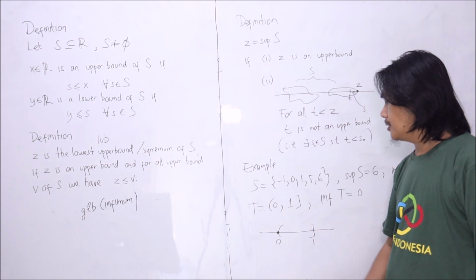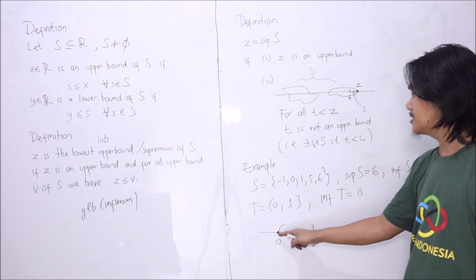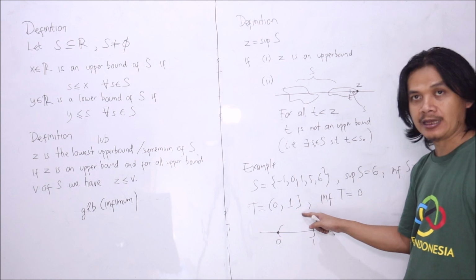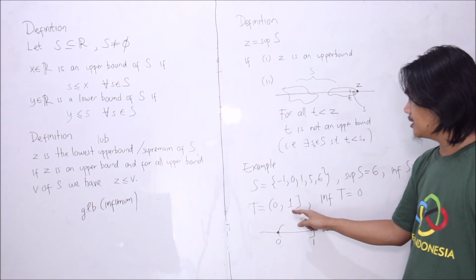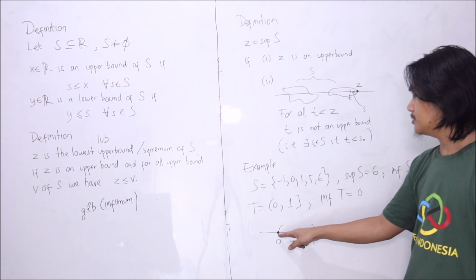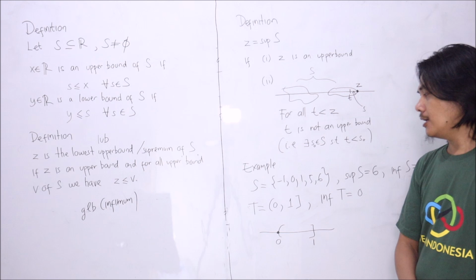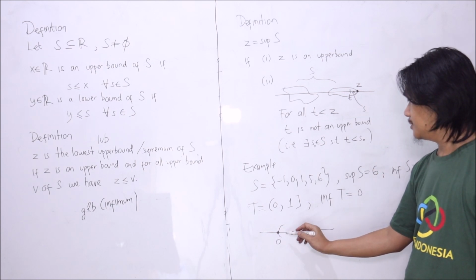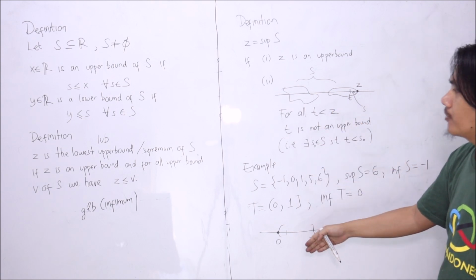And we can see why. First of all, this 0 is indeed a lower bound of this set, right? Because every element in here is greater or equal to that 0. And secondly, this is an equivalent definition for the infimum.